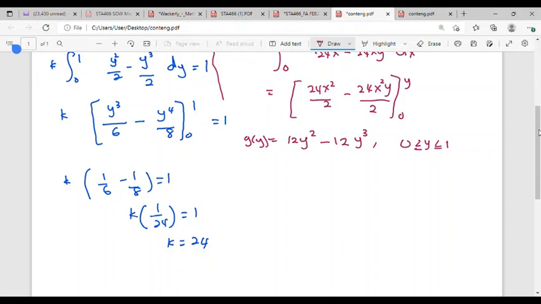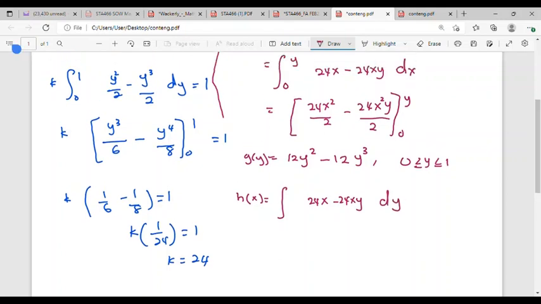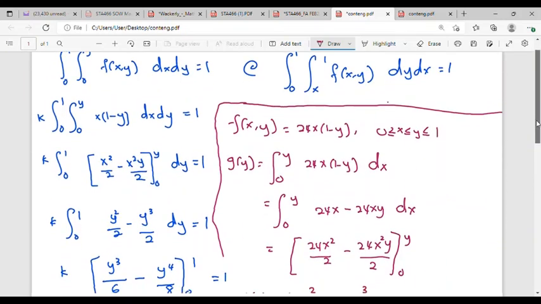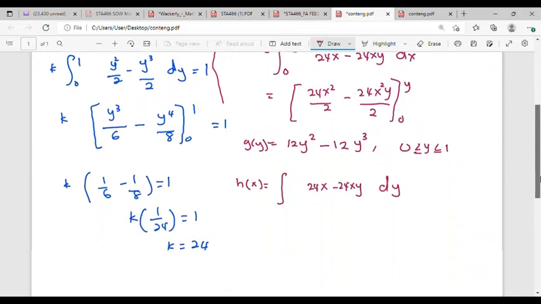Okay, let's do another one. We find the marginal for x. So integrate the same function, 24x minus 24xy just now, with respect to y. So we will take the interval from x to 1.